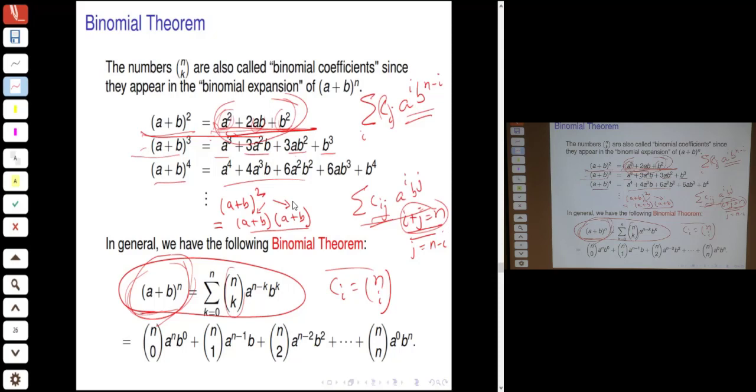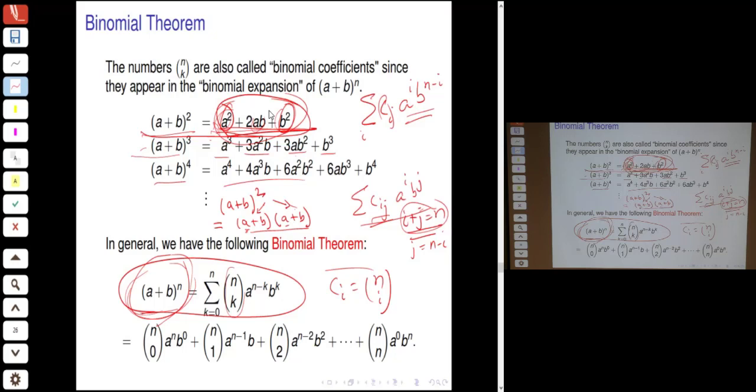So let's trace how we got the various terms in this expansion. When you choose one term from this bracket, you could choose a. When you choose one term from this bracket, you could also choose a. So that gives you a times a, which is a square. You could choose b from both the brackets, and b times b will give you b square.